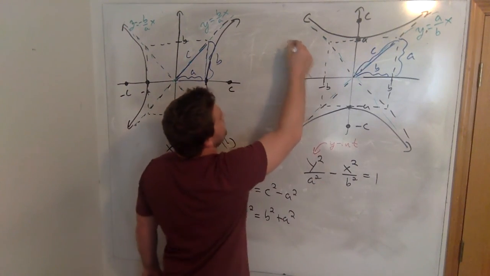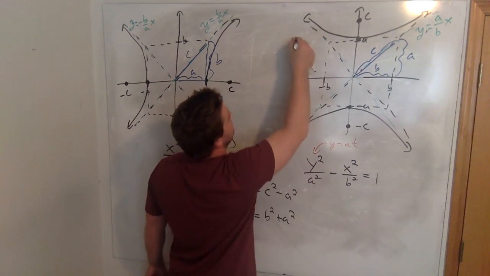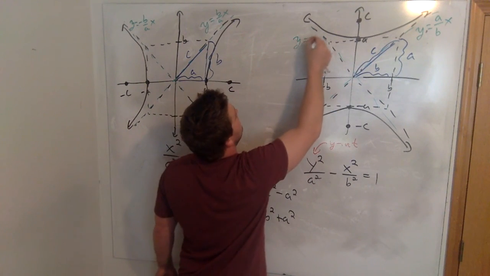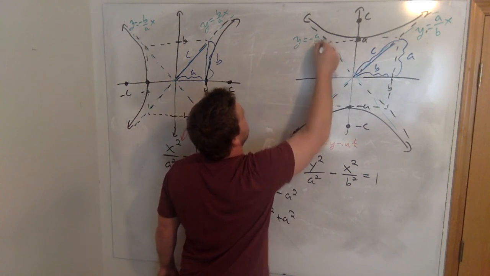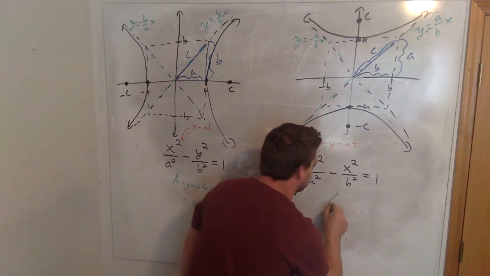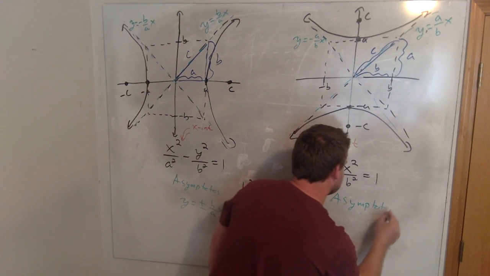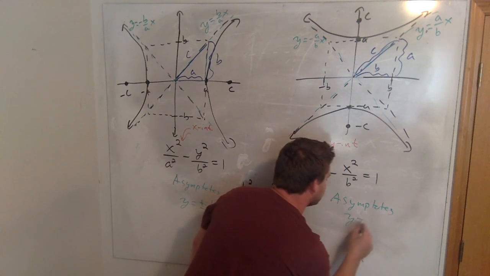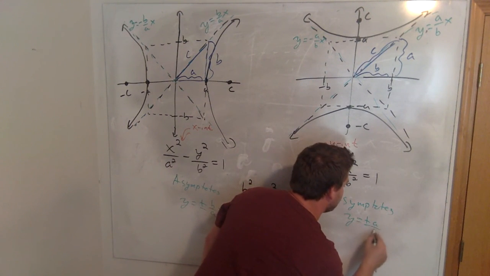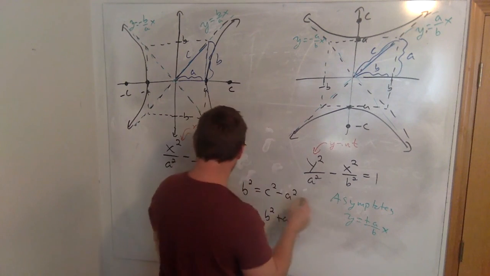This one right here will have the same slope, just negative. This will be y equals negative a over b x. So the asymptotes for this version will be y equals plus or minus a over b x.